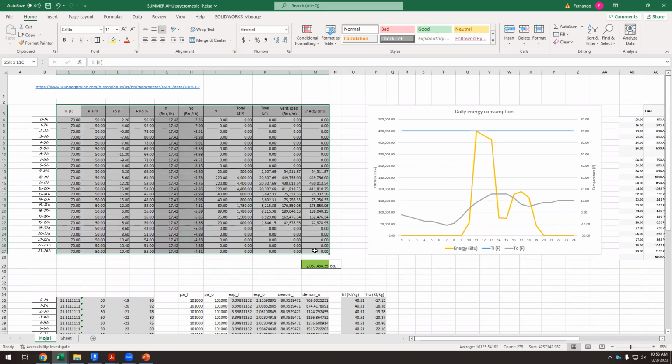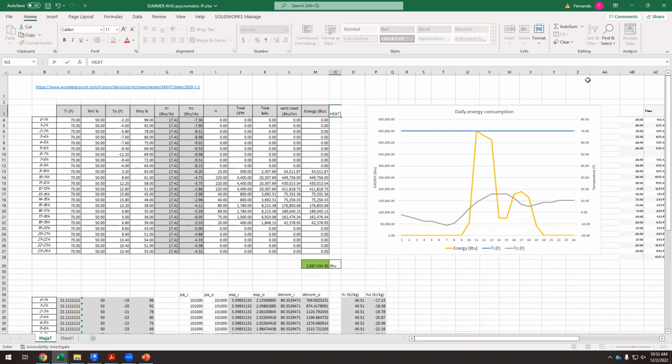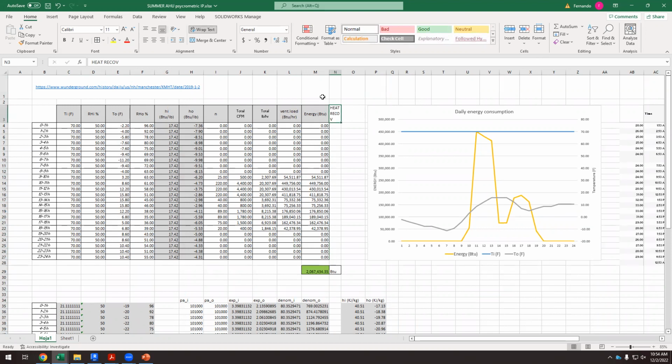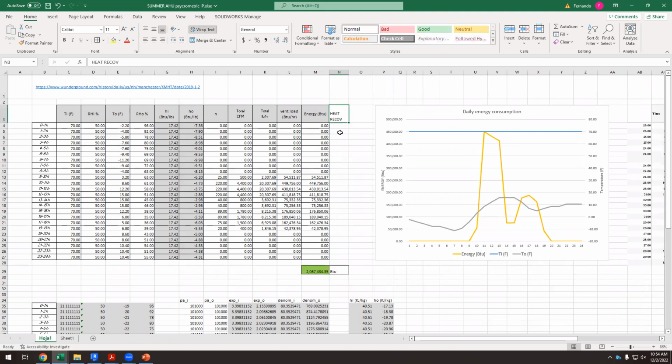Okay, we have this table. Now we need a heat recovery. So for that heat recovery, we can type the value here. What is that value? 60, 65, something like that, okay? And then the heat recovery will be working throughout the day.